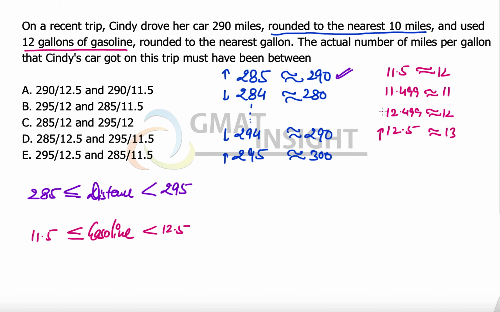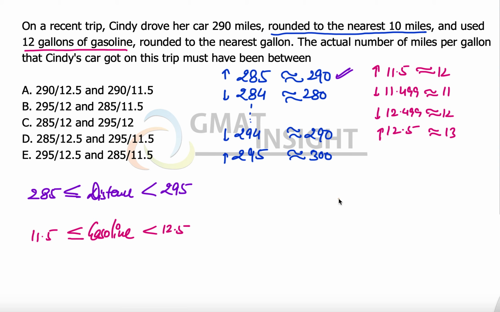This is round up, this is round down, this is round down, this is round up. So here we need to understand that we cannot include 12.5, because when it is rounded to the nearest integer, it becomes 13. So the signs have been intentionally placed like you see here.